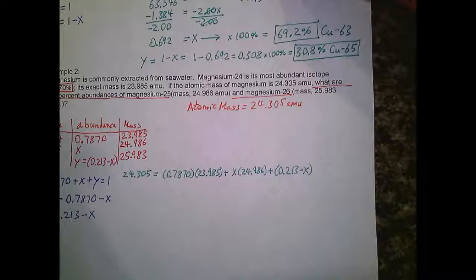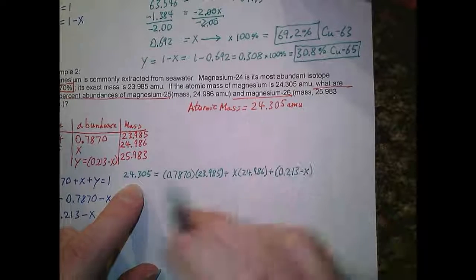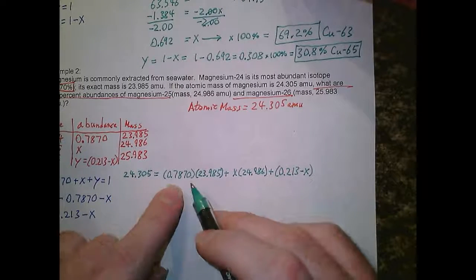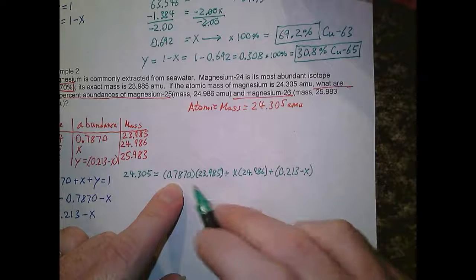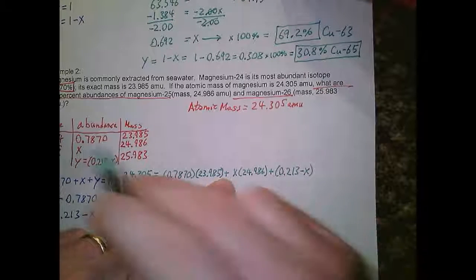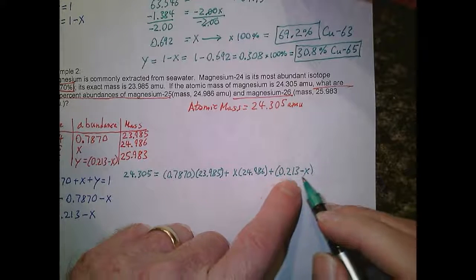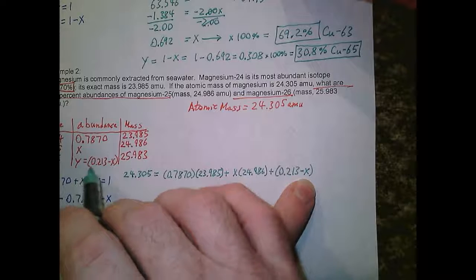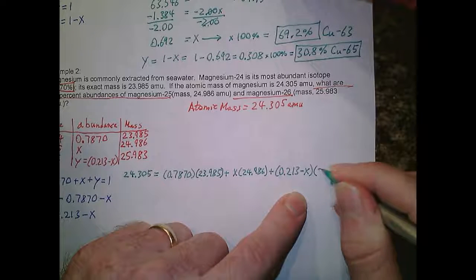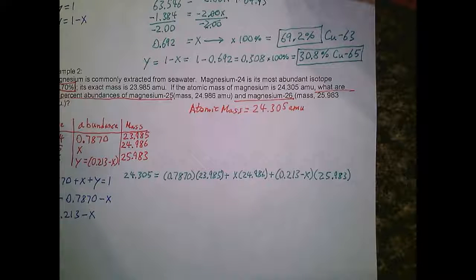Sorry, there was a little glitch on the computer there. So again, atomic mass 24.305 equals abundance 1 times the mass, 0.7870 times 23.985, plus x times 24.986, plus 0.213 minus x, and then we multiply that by 25.983.